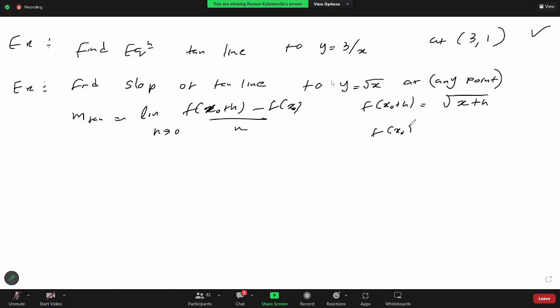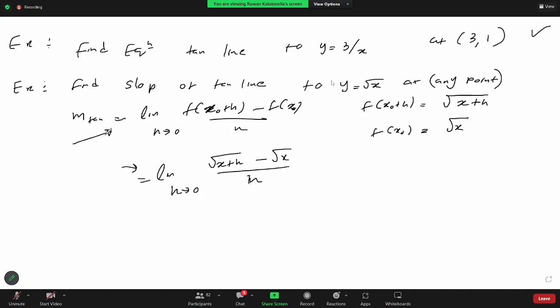Then f(x0) means root x. The limit as h approaches 0 of root(x + h) minus root x, divided by h. Right. Now this is the limit function.